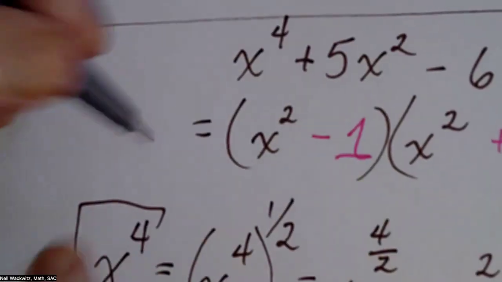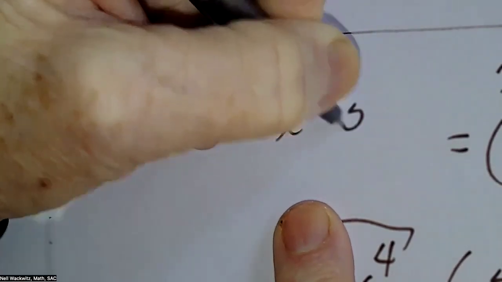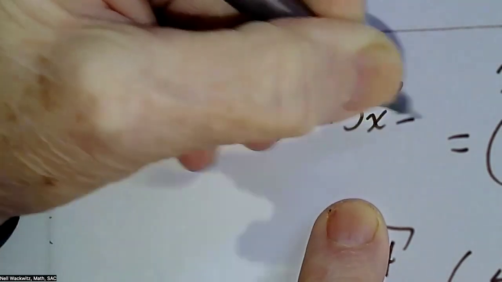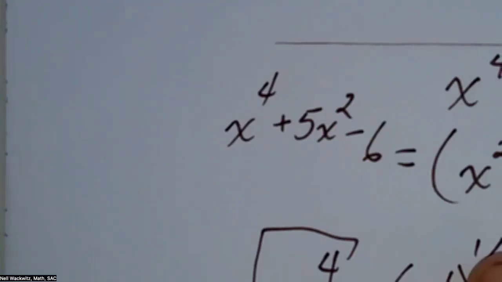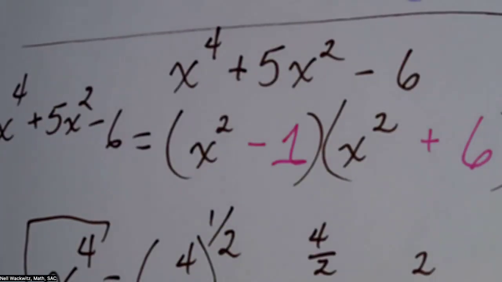We started this as a question where we're trying to factor x to the fourth plus 5x squared minus 6. Are we done? Am I cutting in?